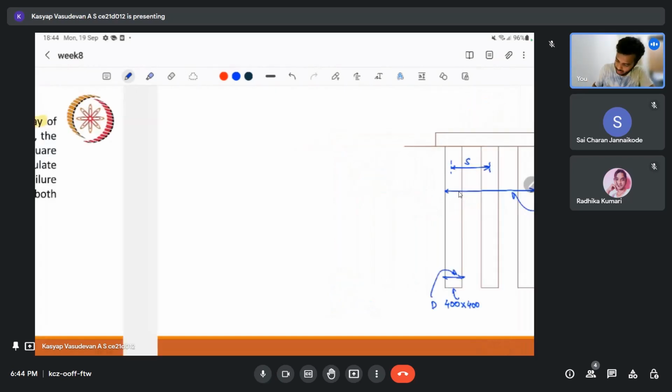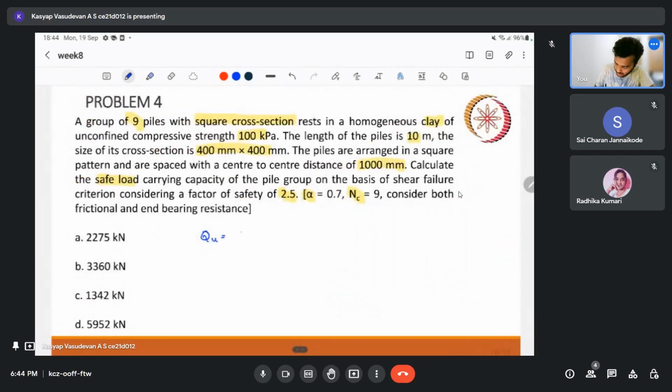So I can write our group capacity as CuNc times B square, capital B square, plus 4 times B, that is our perimeter, that is the shaft area, into length, into Cu, that is our group capacity.